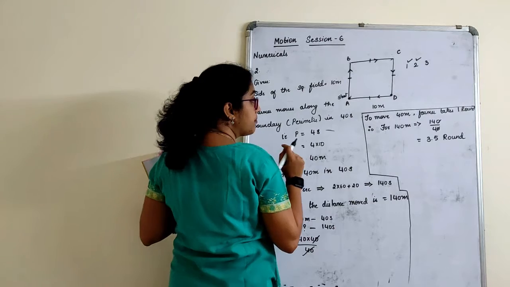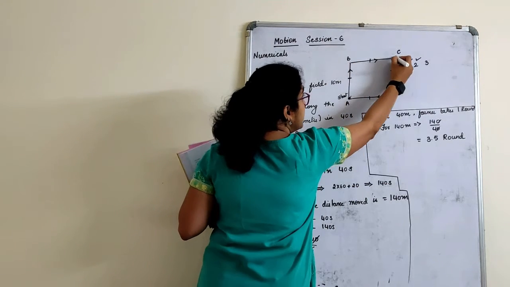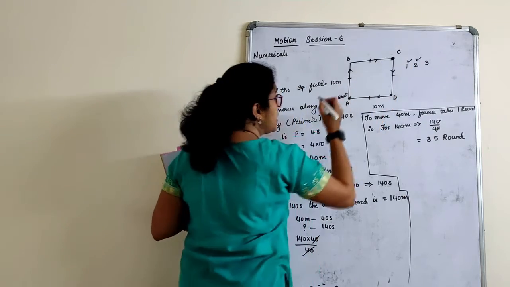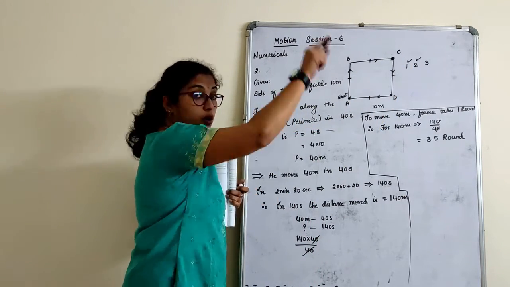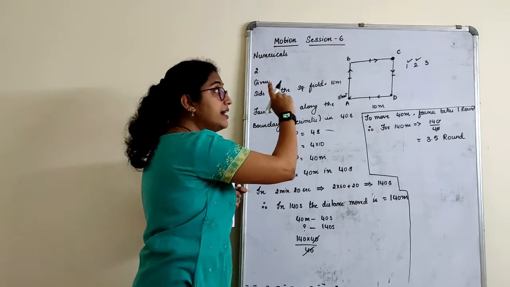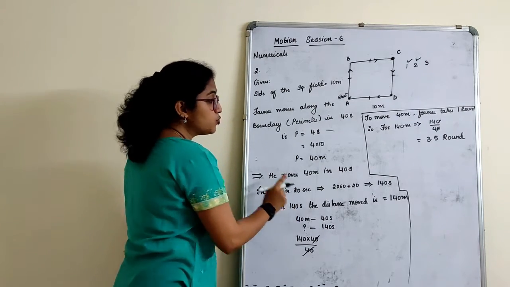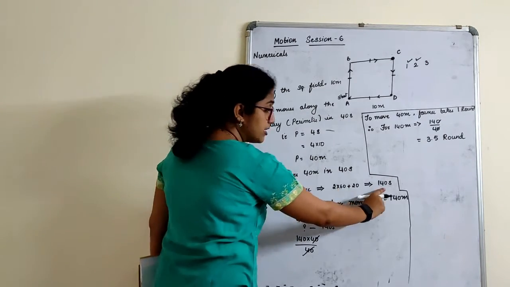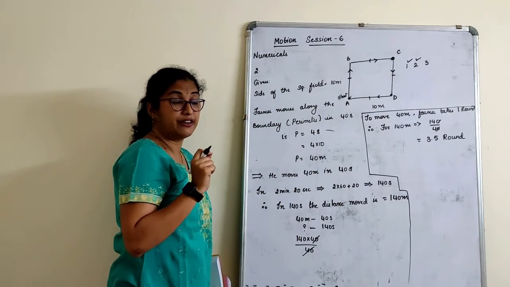Now 3.5 rounds he takes. That means the farmer takes 3.5 rounds. He will start here, he will go here, he will stop here because that is the point for 3.5 rounds. 1 round, 2 round, 3 round and half round he will take. So in 2 minutes 20 seconds, that is in 140 seconds, the farmer will take 3.5 rounds.